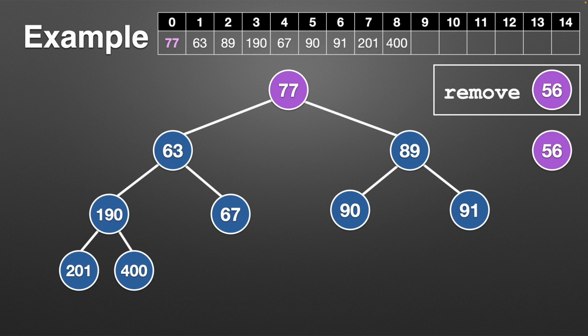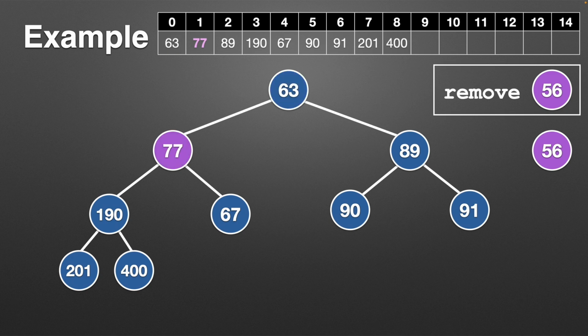And so now we have to do the same process but going downwards with 77. And so what we need to do in this case is to choose the smaller of the 2 children and see if 77 is bigger than it. And if it is, we need to swap it because this is a min heap.